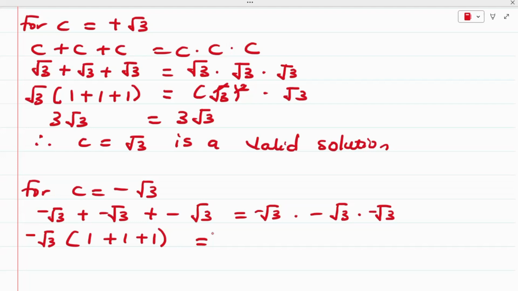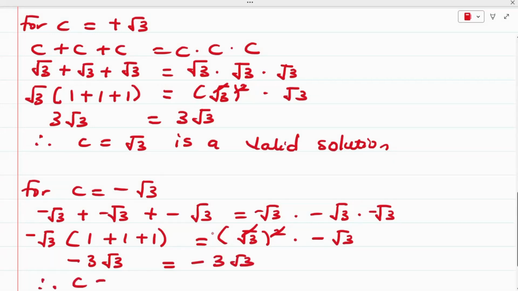So with root 3 multiply with root 3, we have root 3 all squared multiply negative root 3. So right here 1 plus 1 plus 1 is 3. 3 multiply negative root 3 will give us negative 3 root 3, which is equal to, this is going to cancel out. So 3 multiplying negative root 3 will give us negative 3 root 3. So therefore we can say c equals negative root 3 is a valid solution.